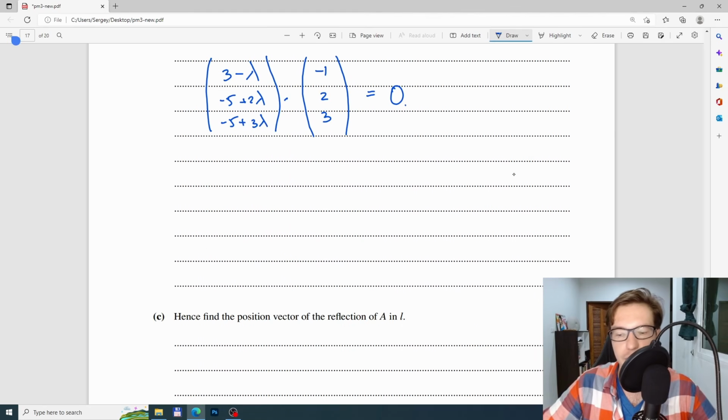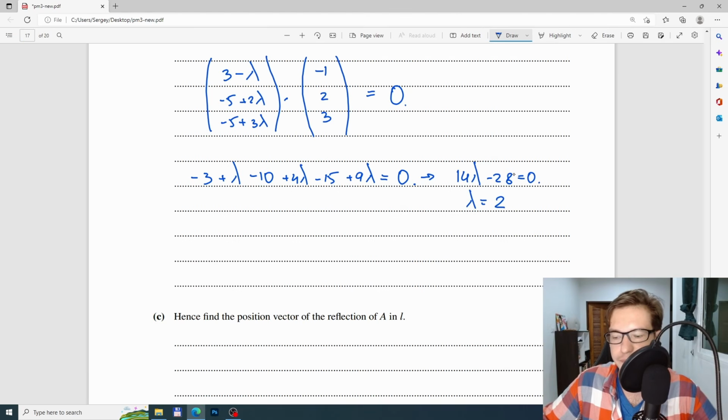Let's calculate the dot product. This is going to be -3 plus lambda, -10 plus 4 lambda, -15 plus 9 lambda, and it should be equal to 0. So that gives us an equation to find lambda. So we get lambda equals 2.